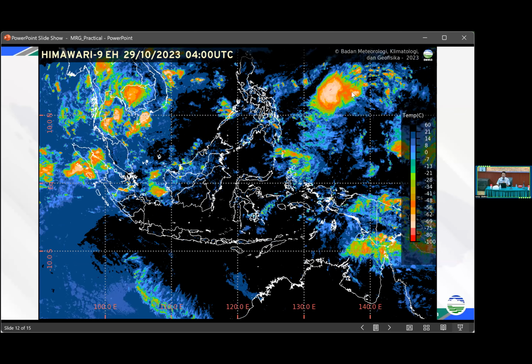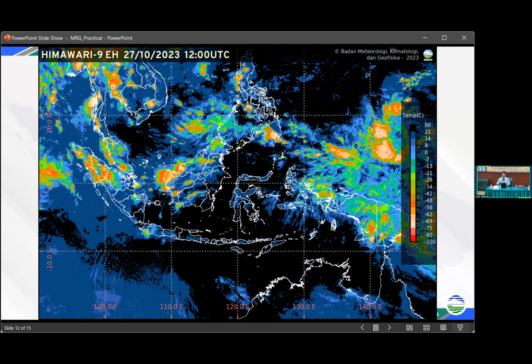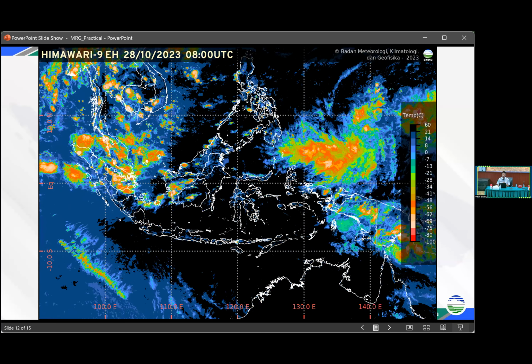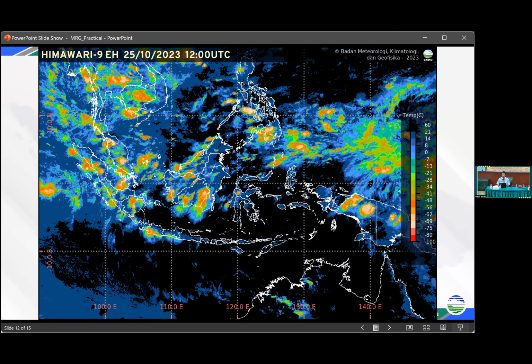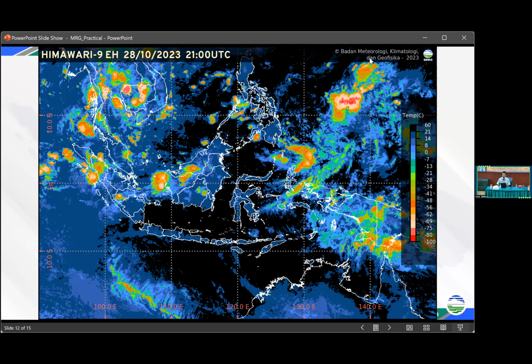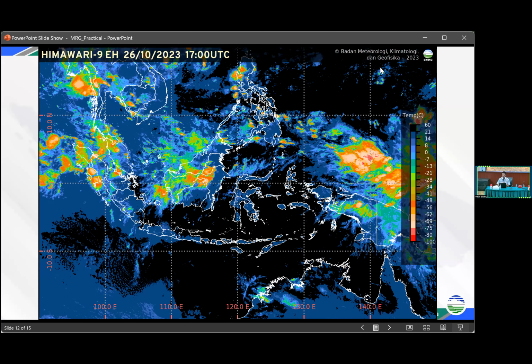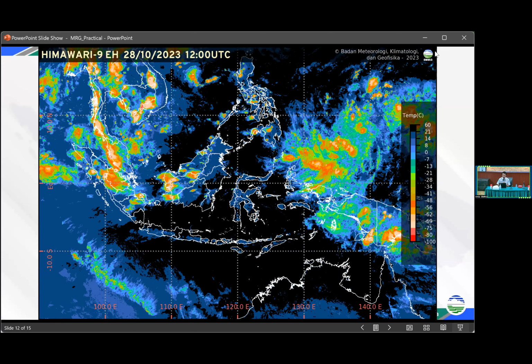So this is the animation from 25 October until 29 October. We'll use this to understand by practicing reading and plotting the data.